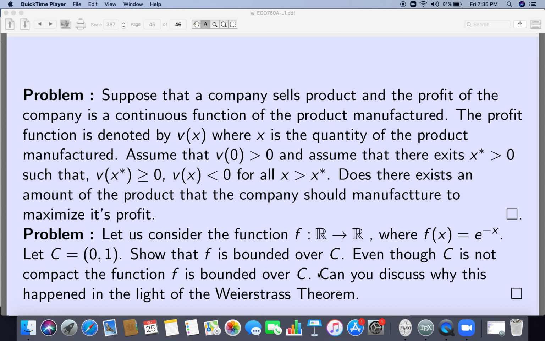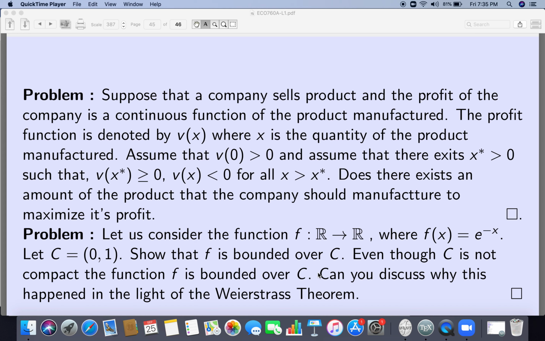Now show that f is bounded over C. Even though C is not a compact set, the function f is bounded over C.